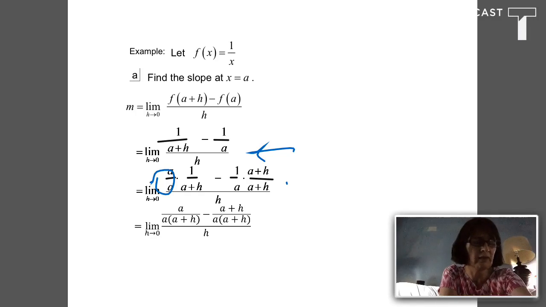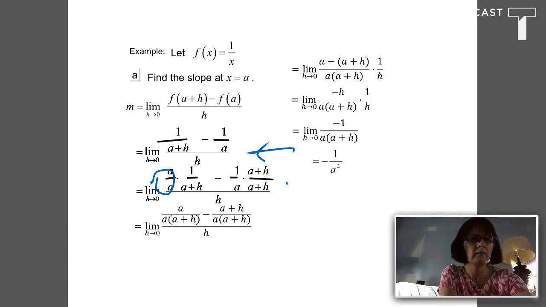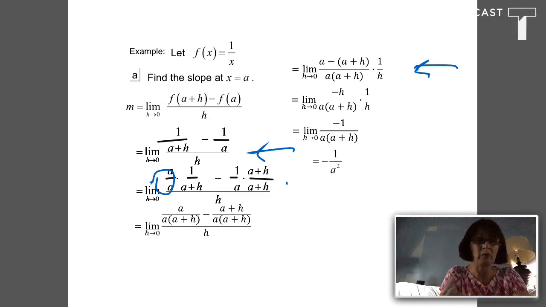And now in the numerator I have a common denominator. So here we go, the next step. I have a common denominator, which means all I have to do is subtract those numerators. I need to subtract a minus a plus h. This is a good time to remember what we practiced before, which is if I have an expression after a subtraction sign, I need to distribute the subtraction.